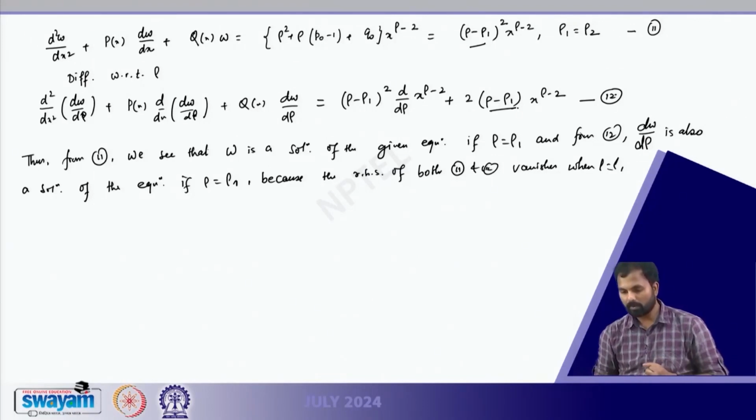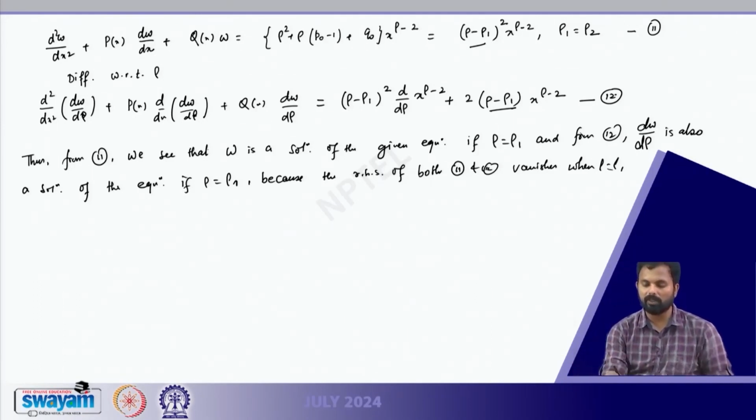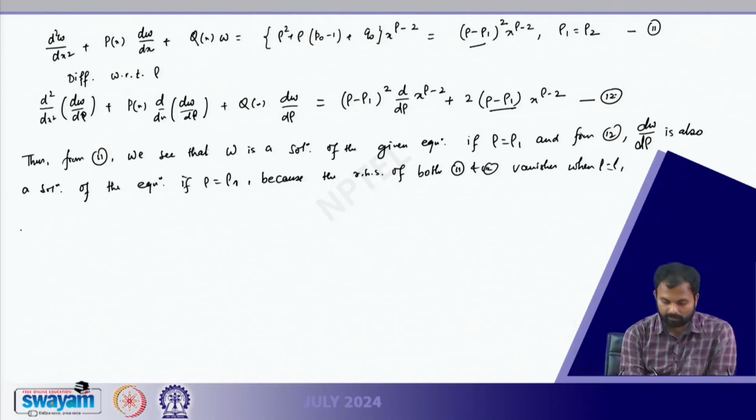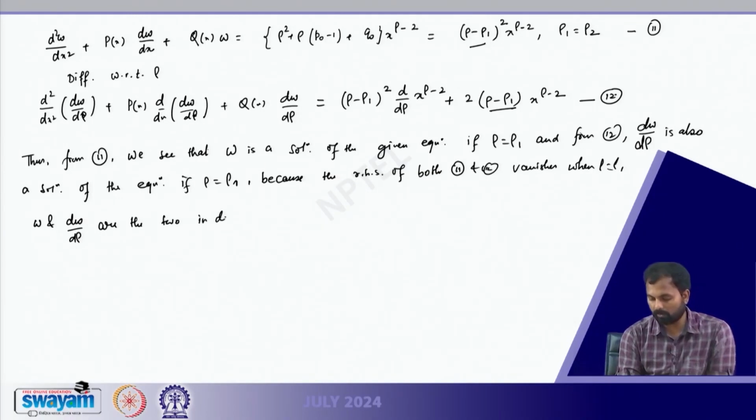So, what will happen is we will get d square by dx square of w plus px into dw by dx plus qx into w equals 0. So, w is a solution, and same thing is happening to dw by d rho. So, basically we have w and dw by d rho as the two independent solutions.